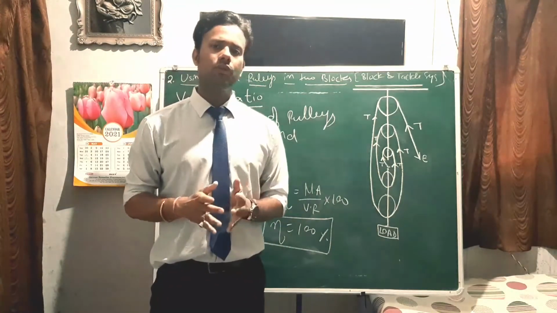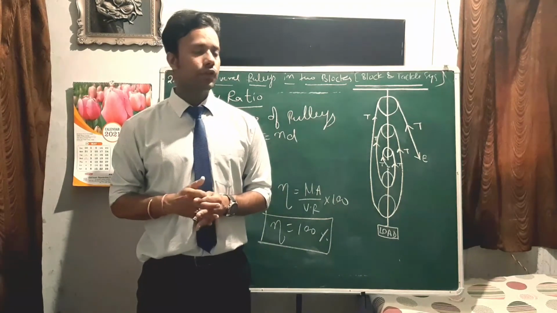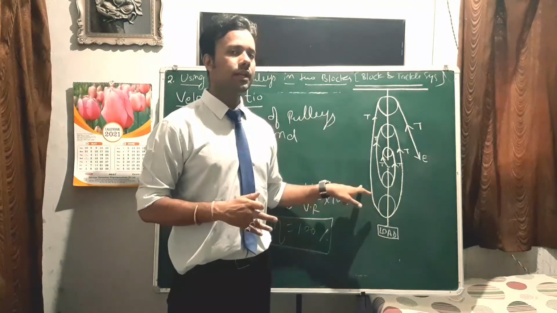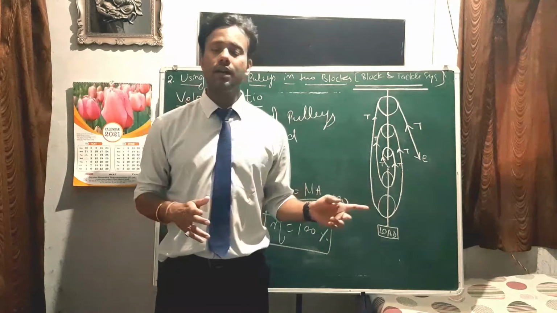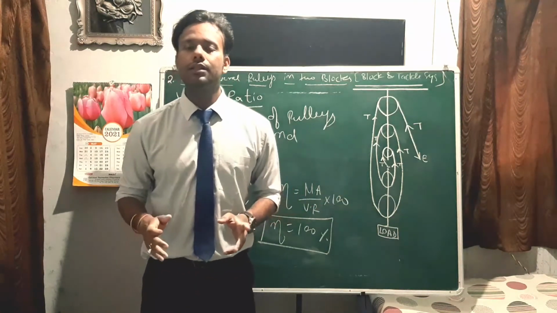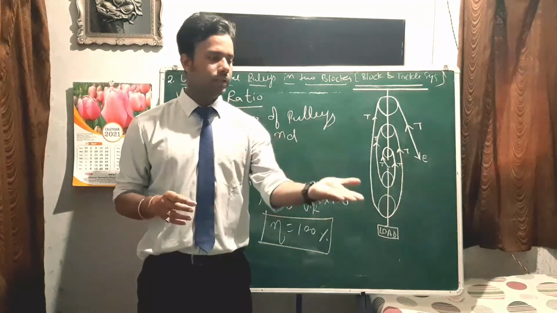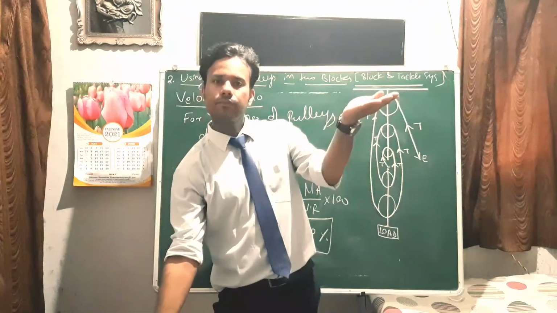This system only works as a force multiplier, because you can see here when the load covers only a distance D, we have to apply the effort so that the effort covers a distance of 5 times D. So the load is covering this distance, but the effort is going this much.